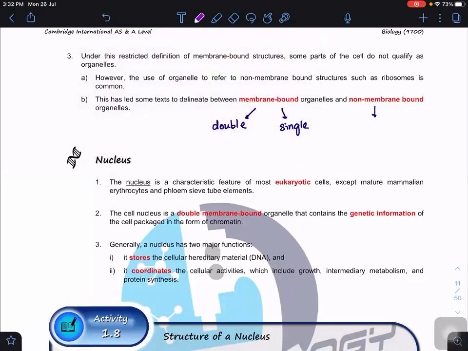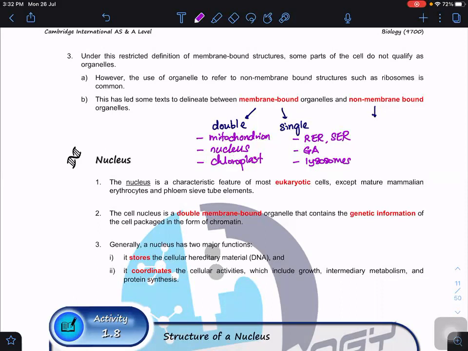Examples you can write down. Double membrane-bound organelles, such as mitochondria, nucleus, chloroplast. Single membrane-bound organelles, for example RER, SER, Golgi apparatus, lysosome.